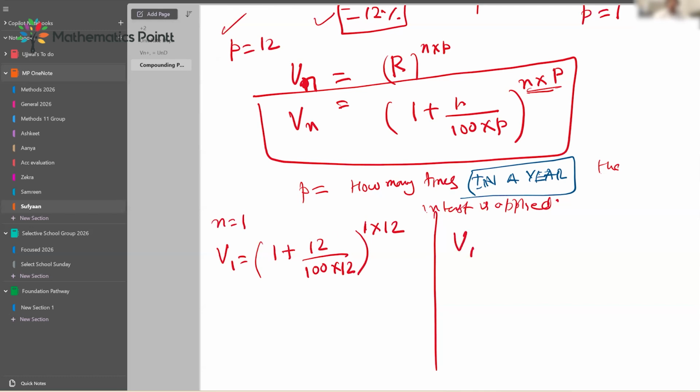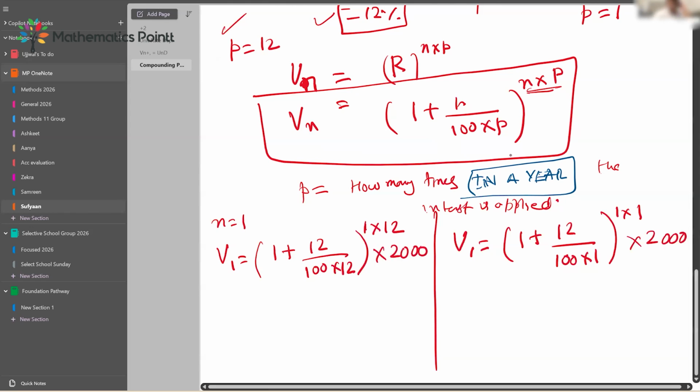Whereas here, I will say 1 plus 12 over 100 times 1. My p value is 1 in this case. 1 times 1. Let us calculate, and this is times $2,000.